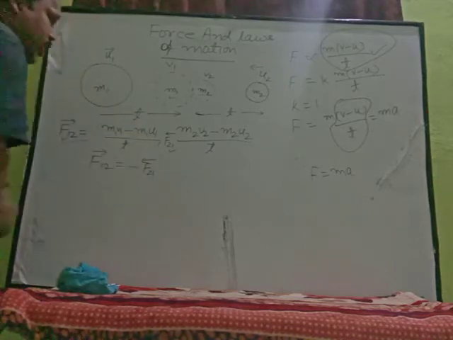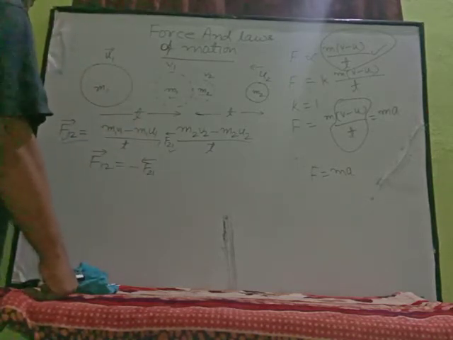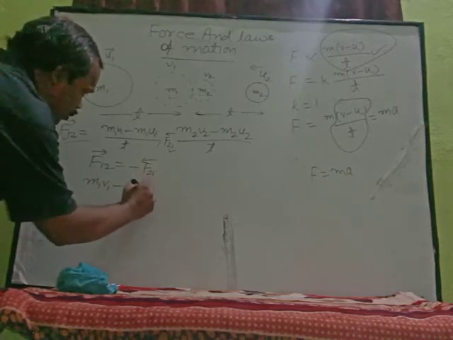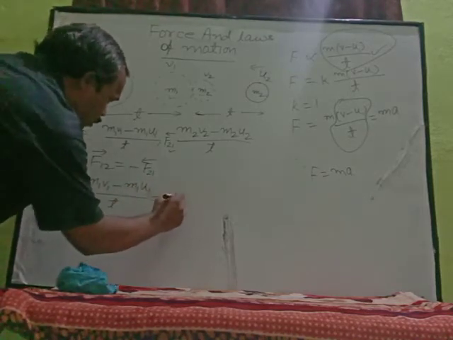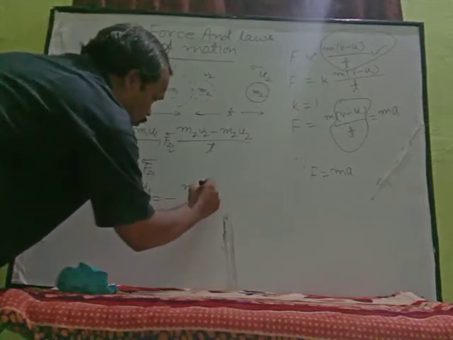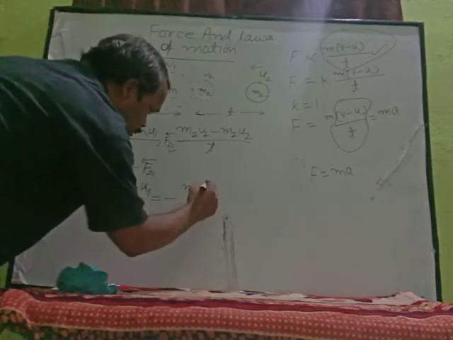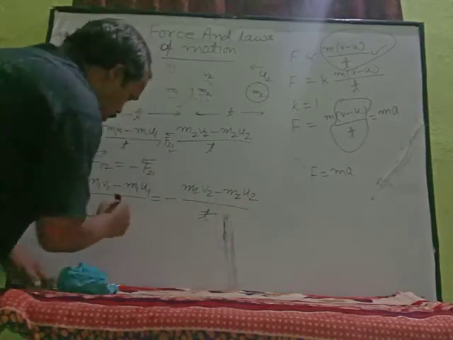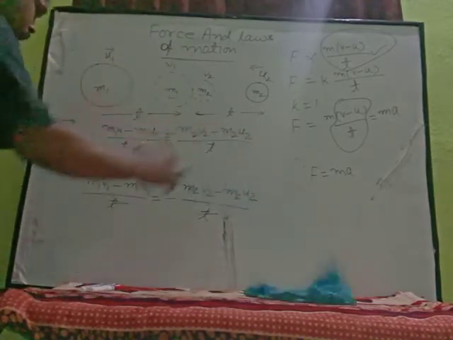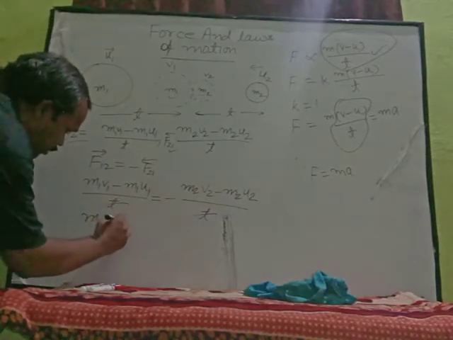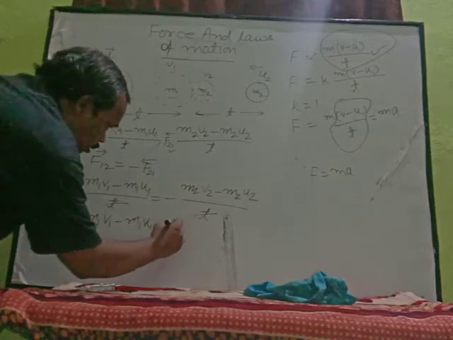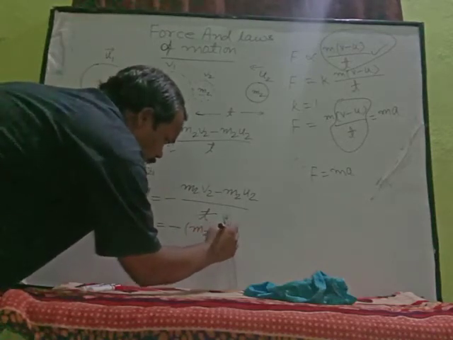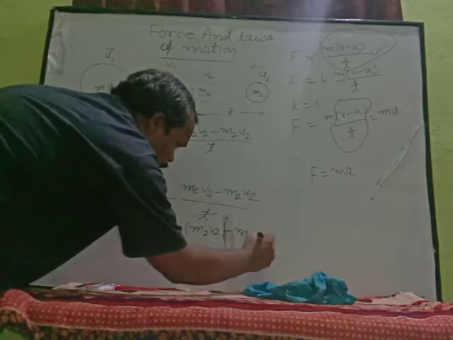Now put all the values. M1 V1 minus M1 U1 divided by T is equal to minus M2 V2 minus M2 U2 by T. This T and this T get cancelled, and we have M1 V1 minus M1 U1 is equal to minus M2 V2 minus M2 U2.